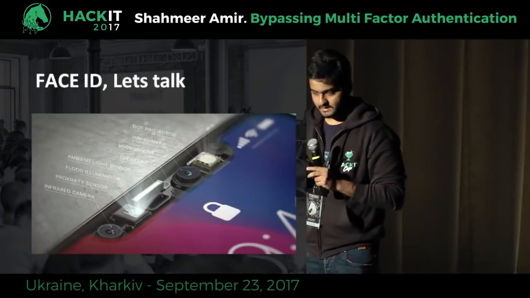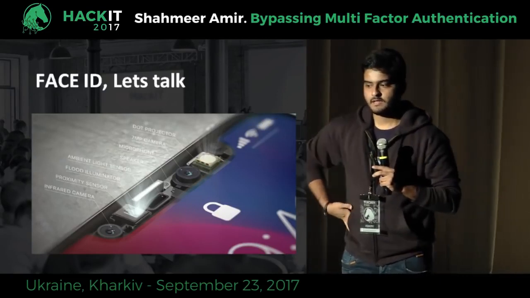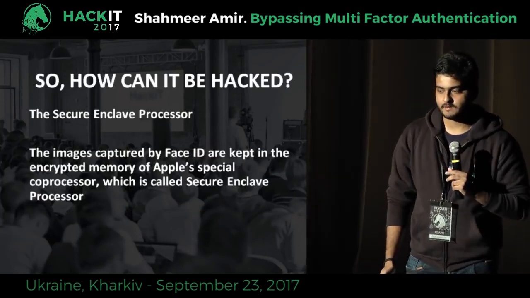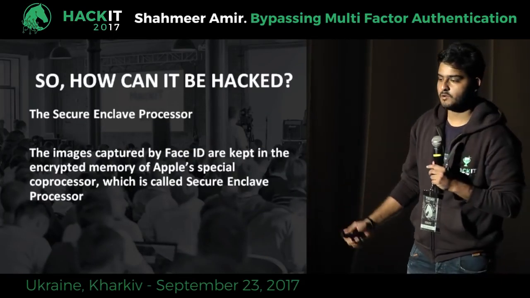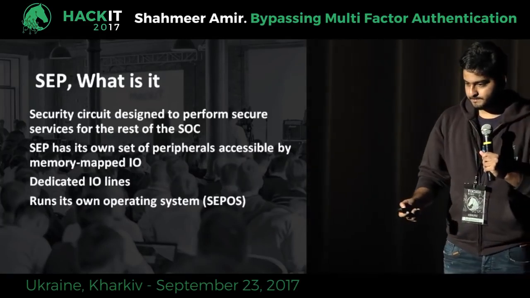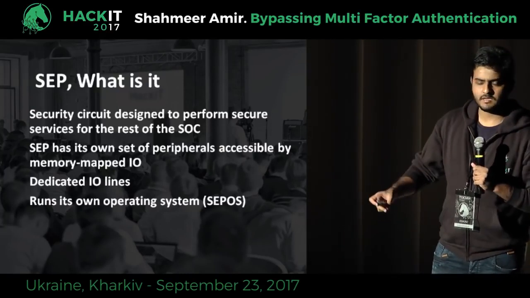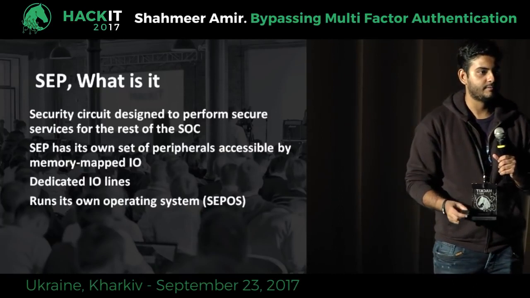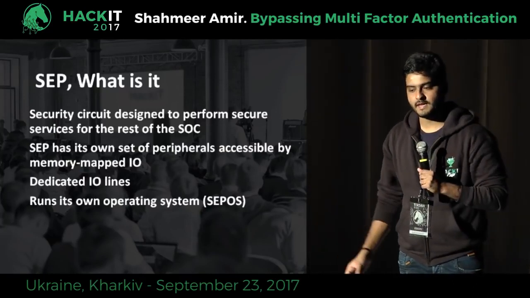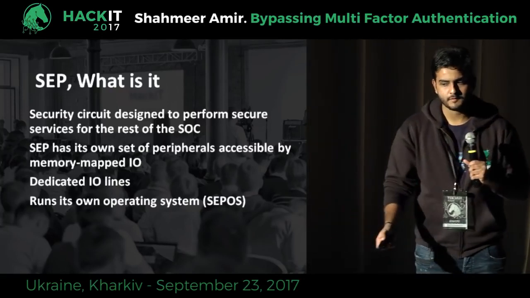Well, my analysis and the analysis of a lot of other researchers that I work with on the internet show that Apple saves its facial and iris scanning images in something called the Secure Enclave Processor, or SEP. So what is it? It's basically a system within the iPhone that has its own power source, its own dedicated I/O lines, its own operating system, its own peripherals.